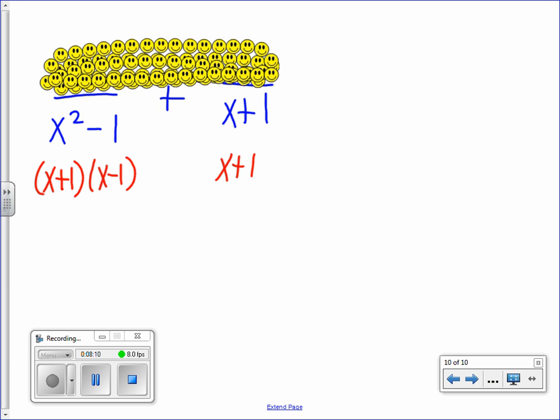This one is just x plus 1. So our common denominator is going to be x plus 1, x minus 1. So what does this one need to be multiplied by? You would have to multiply by x minus 1 over x minus 1. And that would be your common denominator.